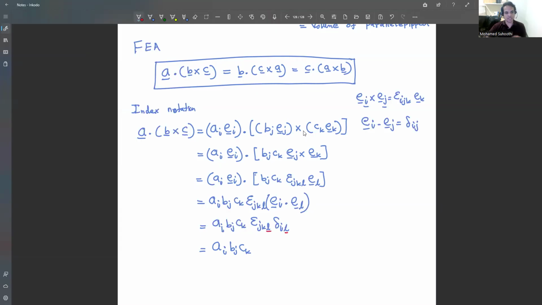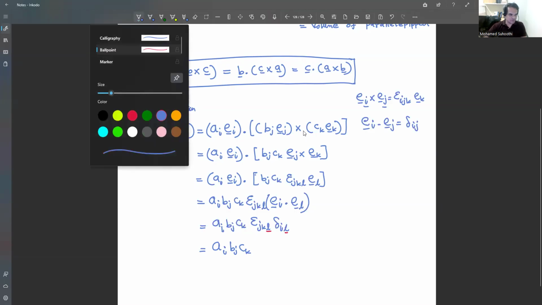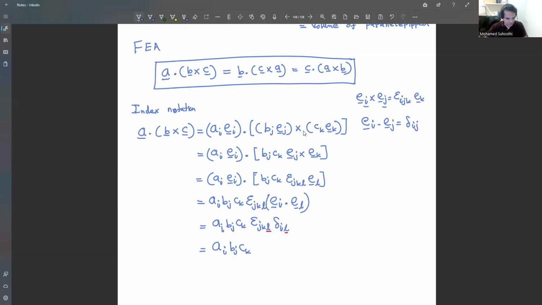Take the common index and replace it with the other index in the delta. I have to replace l with i, so now I will write epsilon_jki, right?